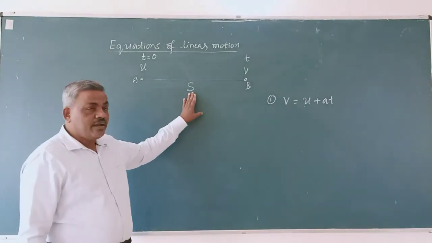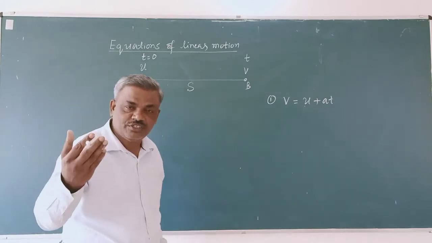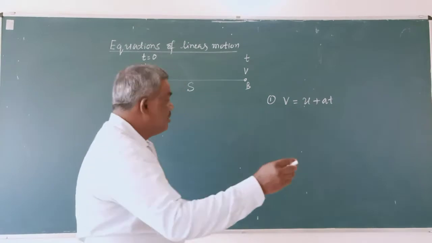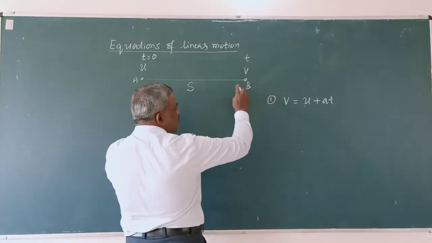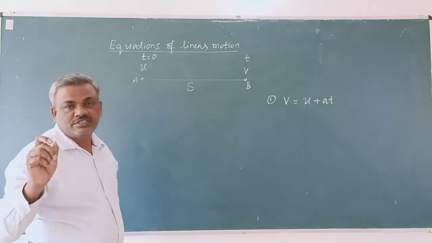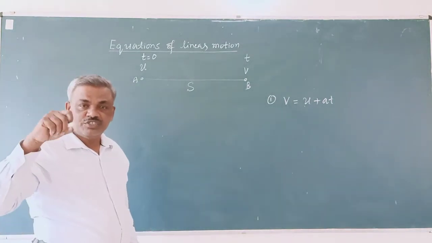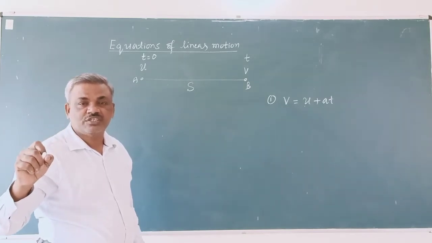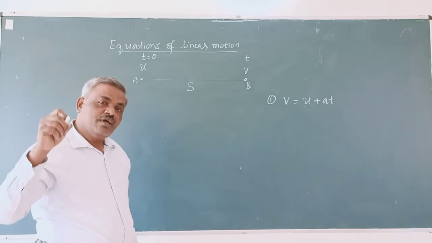Next, how to calculate displacement and distance? We already know the definitions. Distance traveled is the length of the actual path traveled by the body, and displacement is the change in position of the body in a particular direction. So how to calculate displacement or distance?